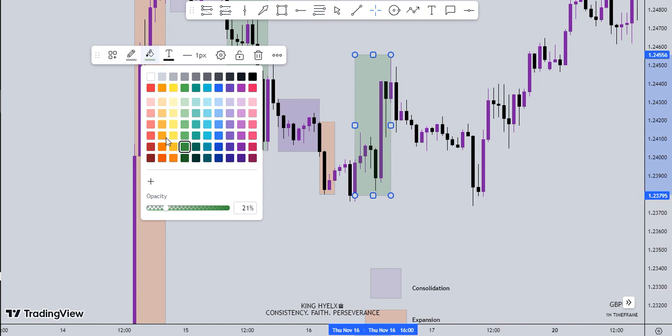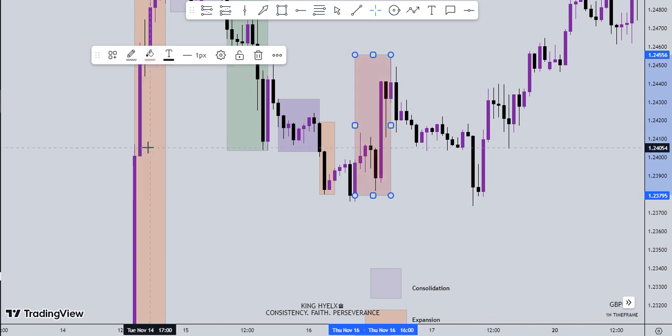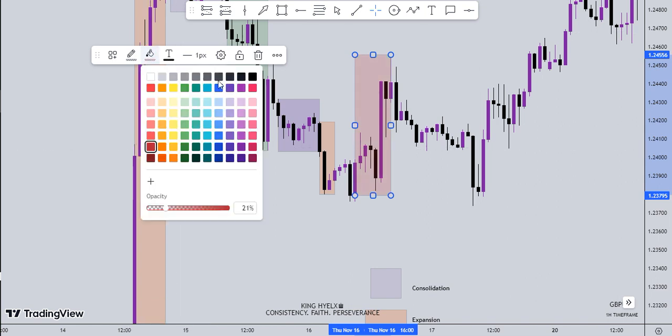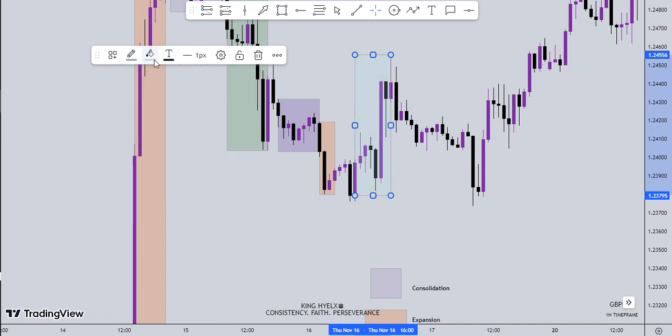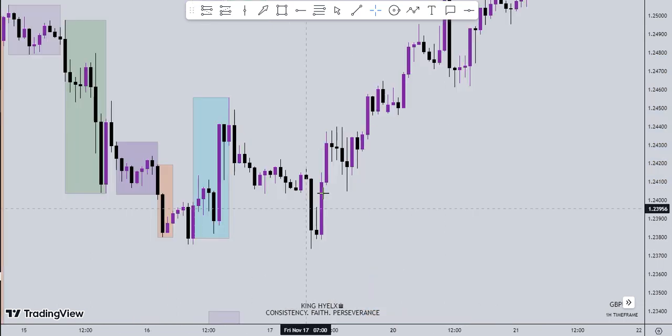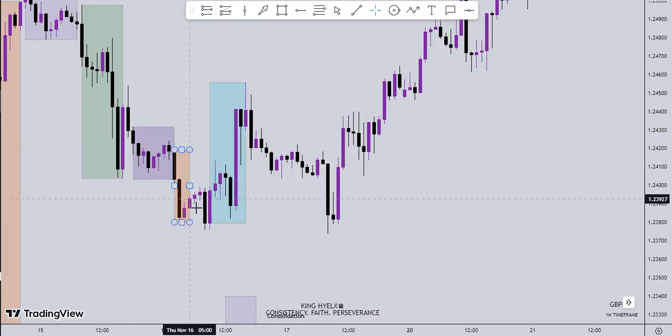So let me outline this, right? Now we see that after expansion happened, we went the opposite direction of that previous direction. So this is now called a reversal.